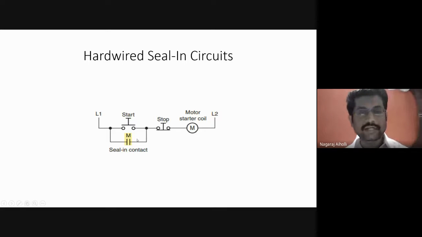Hence, the seal-in contact maintains the current in the path even after the switch is released. This is the advantage of using seal-in contacts.